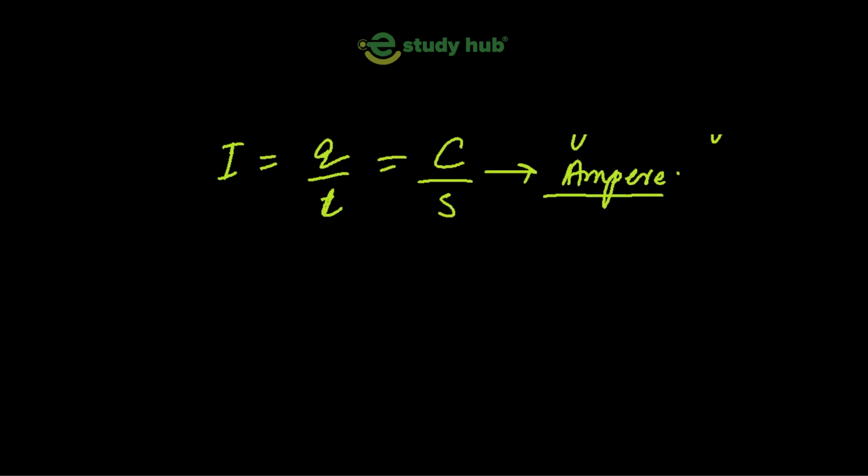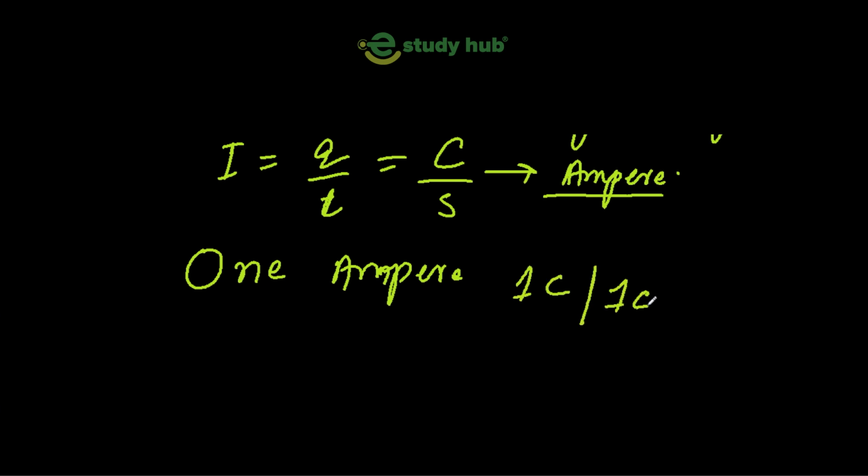Now if I ask you, what is 1 ampere? Let's define 1 ampere in a proper way. When 1 coulomb charge flows in 1 second across a cross-sectional area, then it is said to be 1 ampere current.